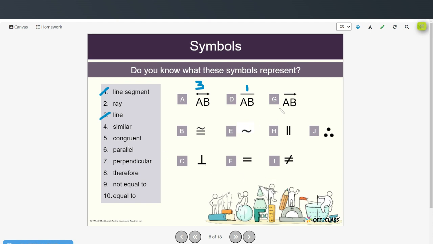Ray would be letter G. Okay, similar would be letter E. Congruent would be letter B. Parallel would be letter H.